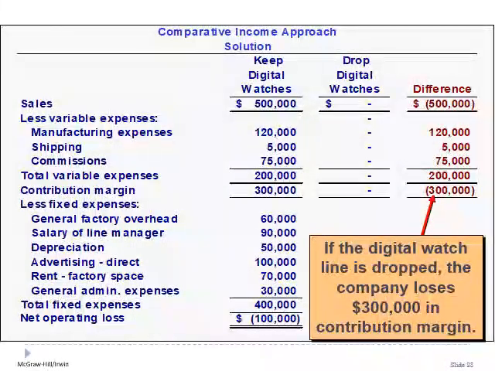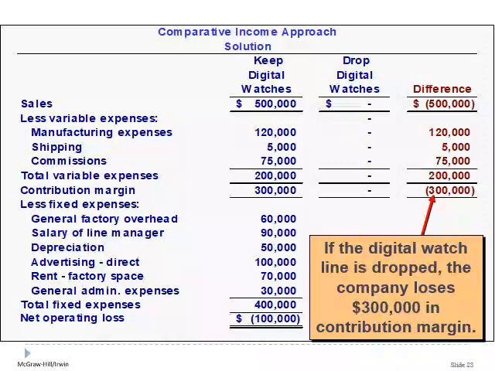As you see, we will prepare a comparative income statement: one column for keeping digital watches, another for dropping digital watches, and a third column to compute the difference between them.